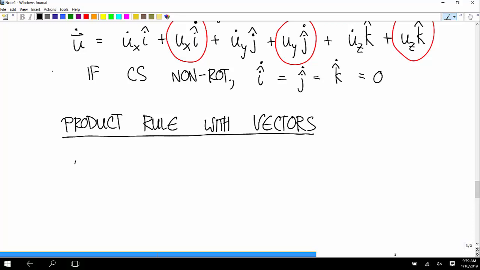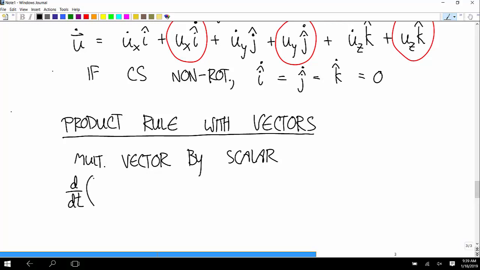So first, if you multiply a vector by a scalar, so d/dt of the quantity xu, where x is our scalar and u is our vector.